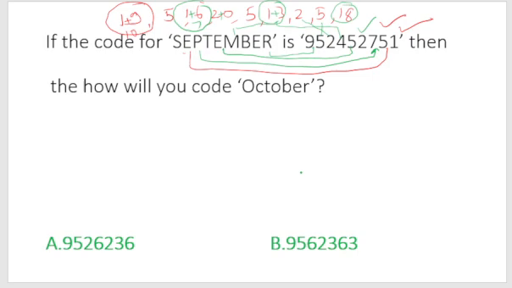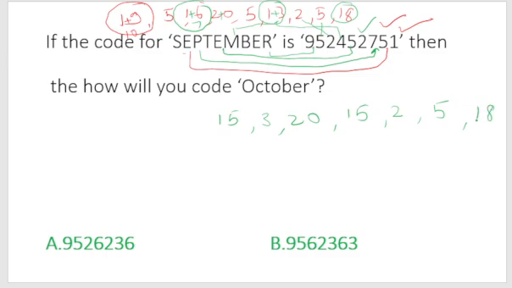Now we have to write down the code for October. O is 15, C is 3, T is 20, O is 15, B is 2, E is 5 and R is 18.